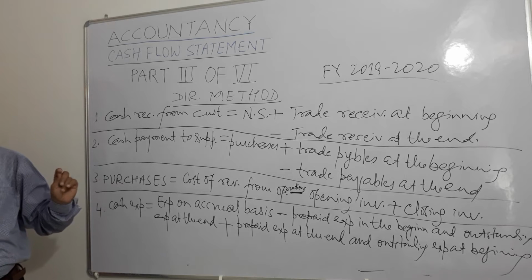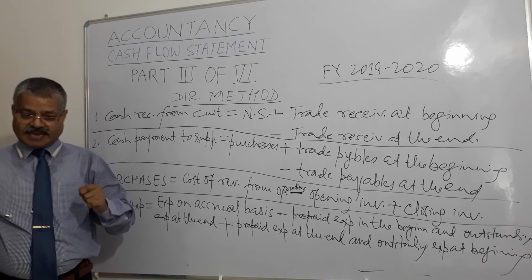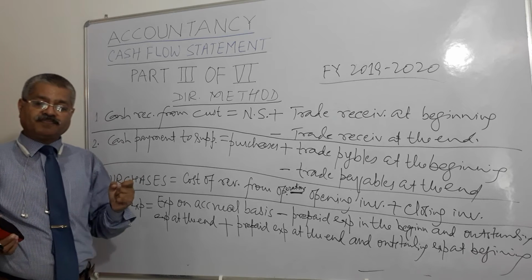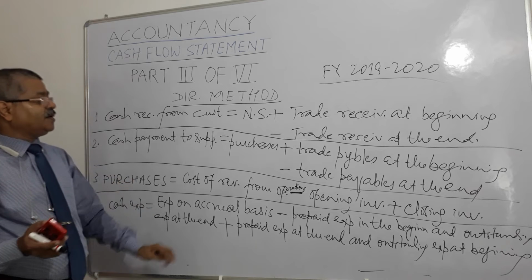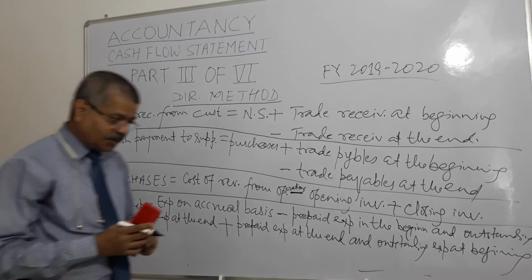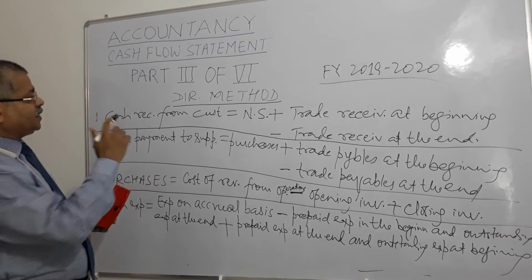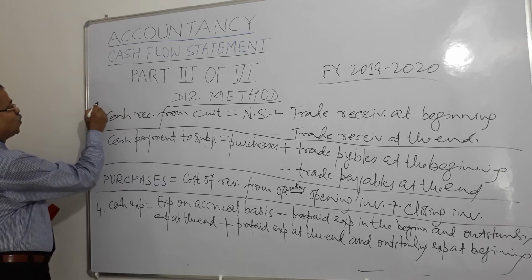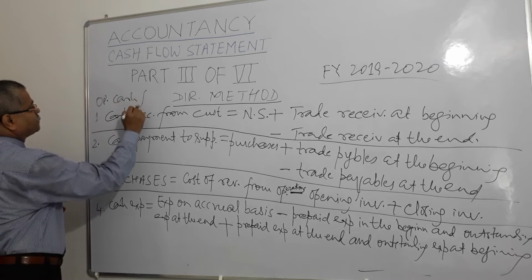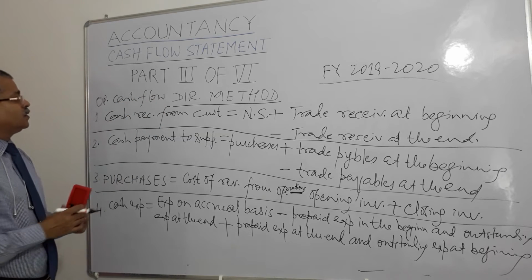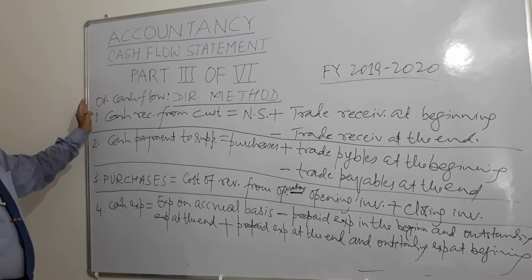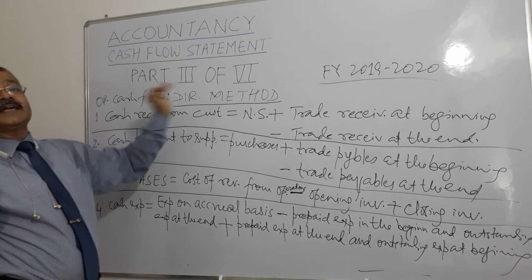Then all those items which are classified as cash flow from investing activity or cash flow from financing activity will not be included here. Why? Because here we are calculating operating cash flows through the direct method. We are trying to know what the cash flows from operating activities are through the direct method.